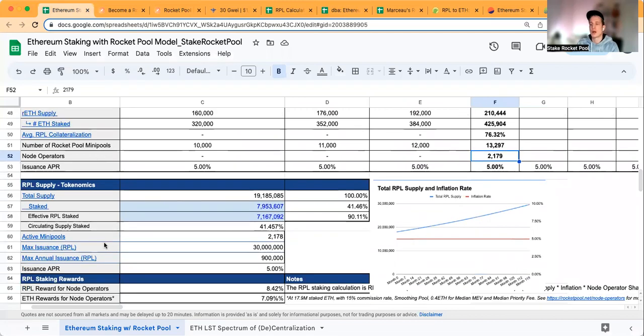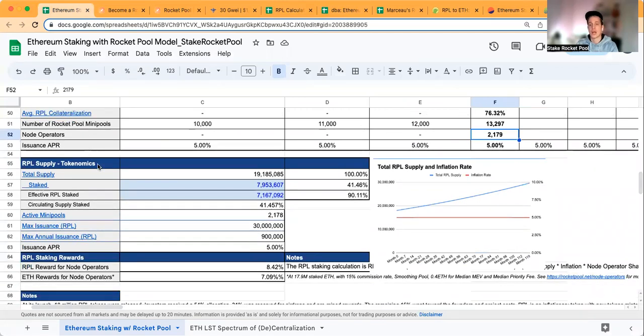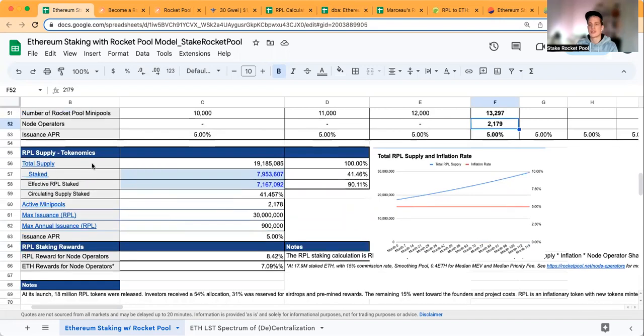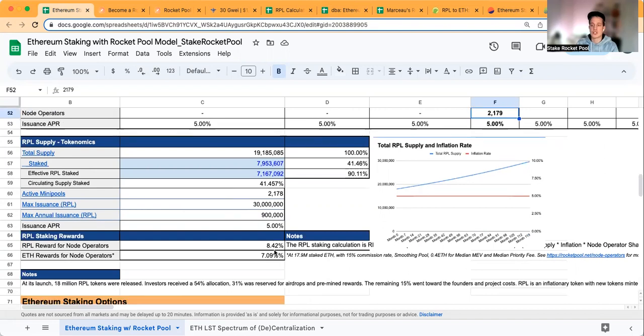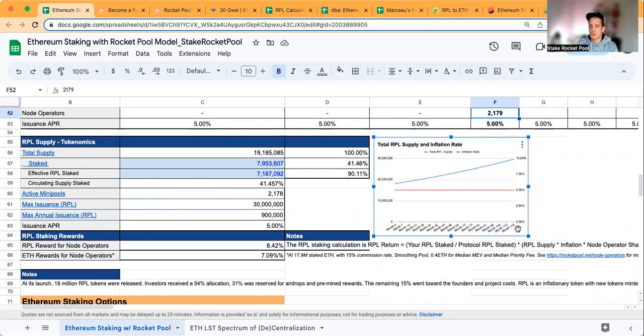So more on Rocket Pool, we're highlighting in the tokenomics that are summarized. And there's the total supply. Now this again is from March 12th, so a bit outdated, but the percentage that's staked versus effectively staked. And the fun stuff here is just jumping right down into RPL staking rewards.